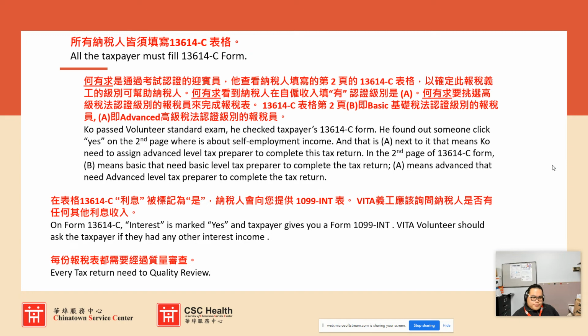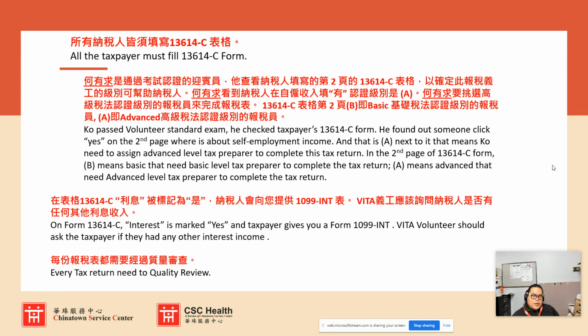And the rules. On Form 13614-C, interest is marked yes, and the taxpayer gives you a Form 1099-INT. So the VITA volunteer should ask the taxpayer if they had any other interest income.